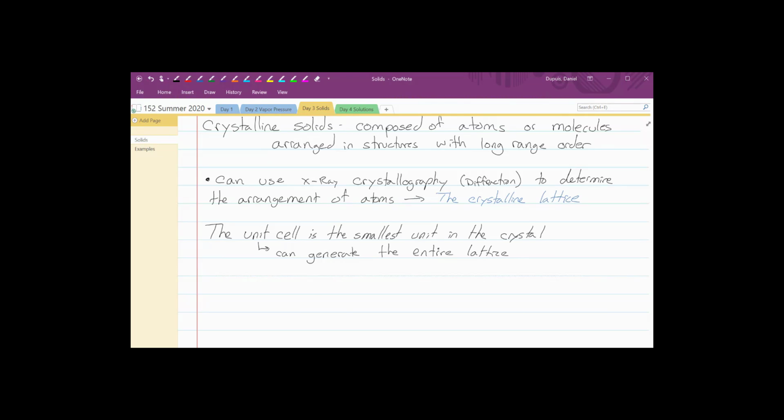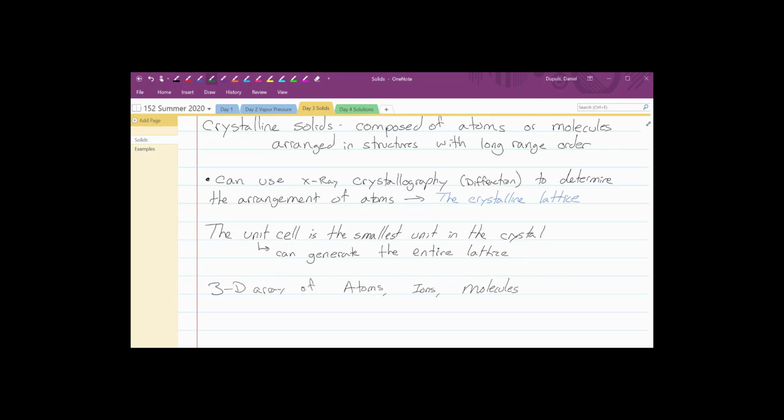You can build the whole lattice with these cubes, these unit cells, right? And so this is a 3-dimensional array of atoms, ions, and molecules.